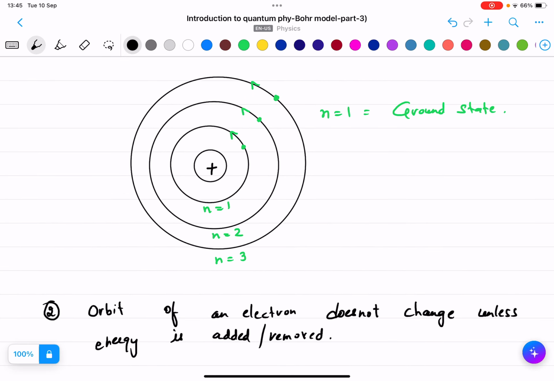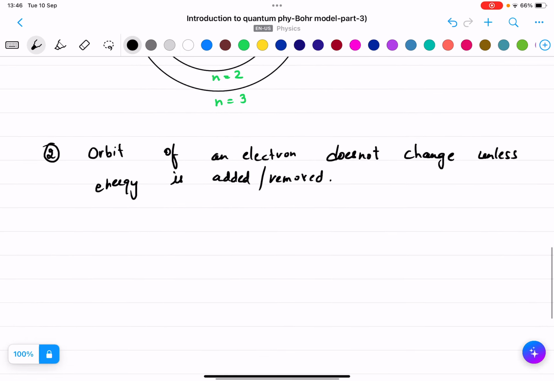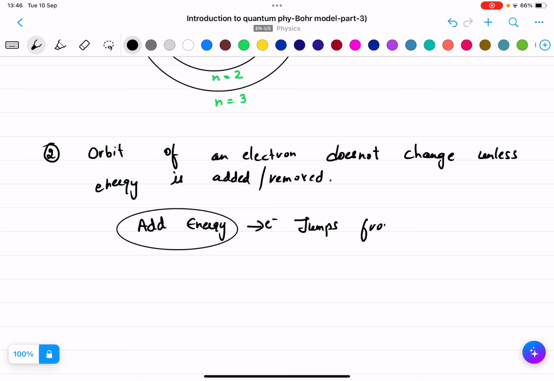It depends on whether we are adding energy or taking energy back.